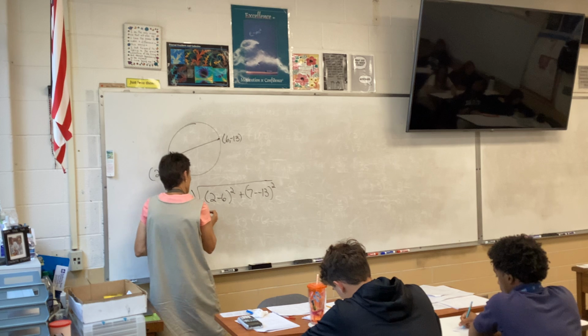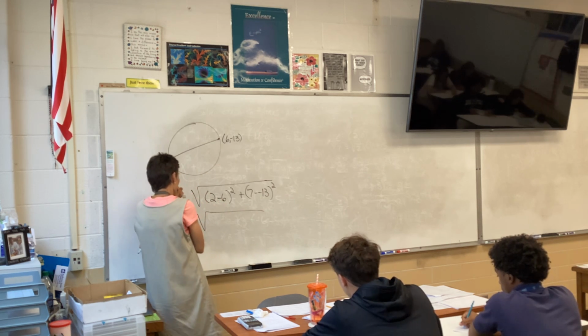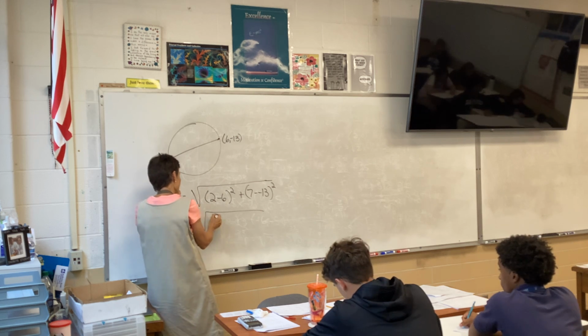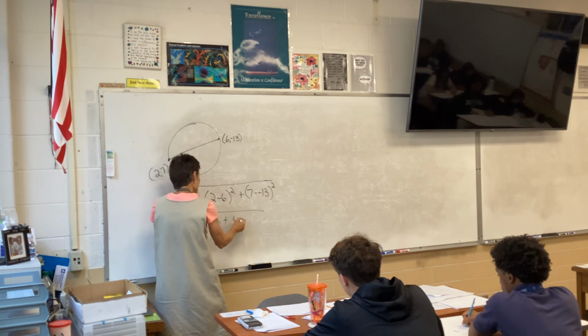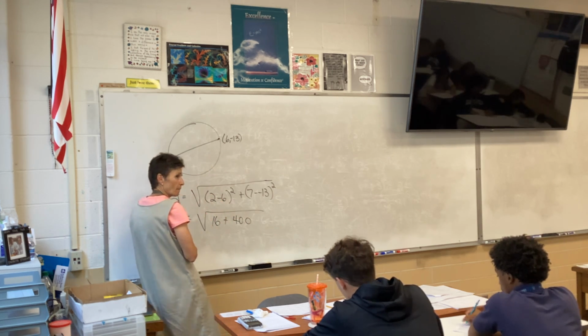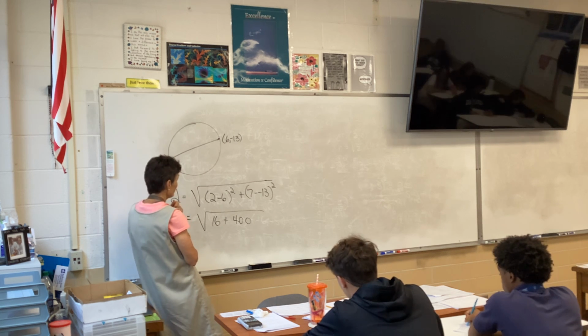Great. So that's going to be what? That is 4 squared, 16. That is 20 squared, 400. Oh, did I do it wrong? That's right.